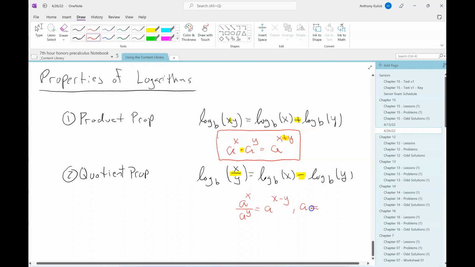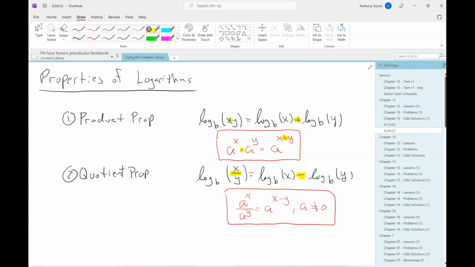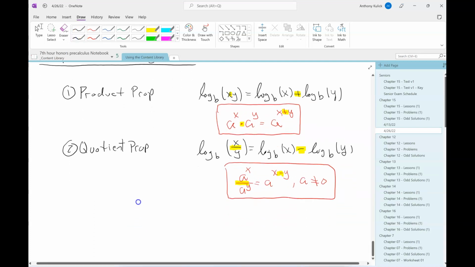Again, we've seen this before with exponents. So if we think about the quotient property of exponents, division outside of the exponential turns into subtraction inside the exponential. Same idea, just the logarithmic version of that property. Next up is the power property.